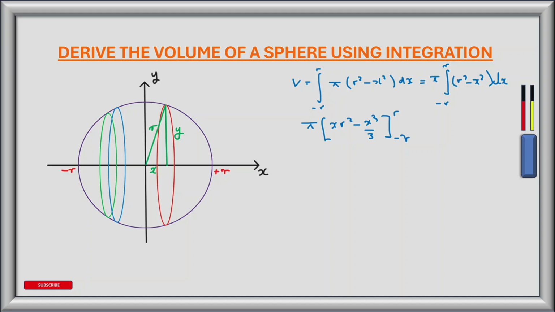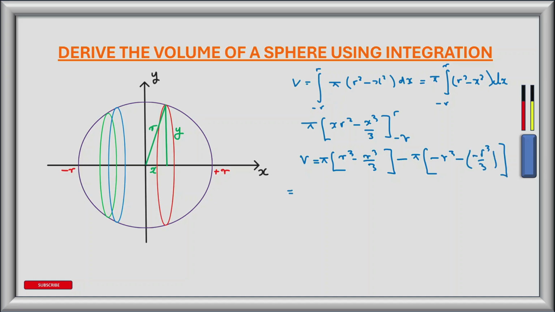So when we put our values of r and minus r in, we get our volume is equal to, plugging in r, r cubed minus r cubed divided by 3, and that's multiplied by pi, of course, minus pi multiplied by, if we put our negative r in, minus r cubed minus minus r cubed divided by 3.